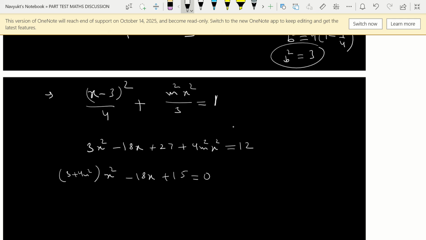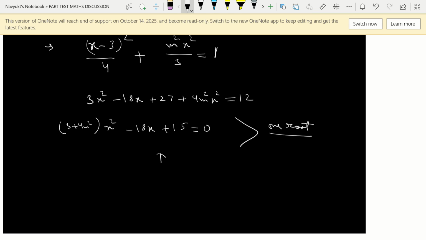So finally this quadratic equation should have only one root for tangency, right? Means D equals 0, means b square equals 4ac, so 18 square equals 4 times 15 times (3 plus 4m square). Clear?